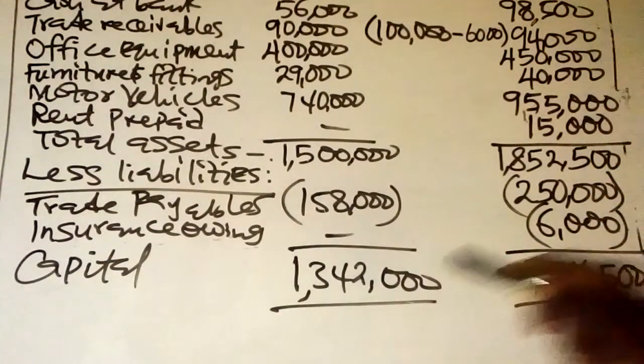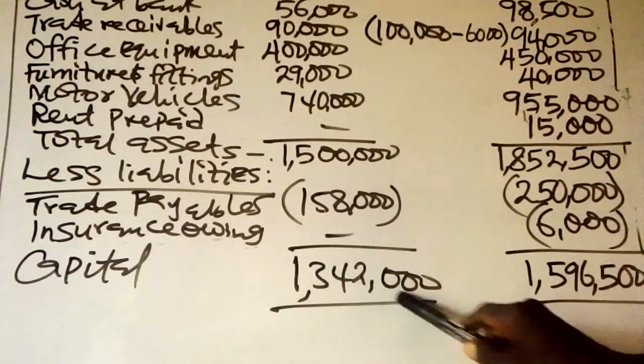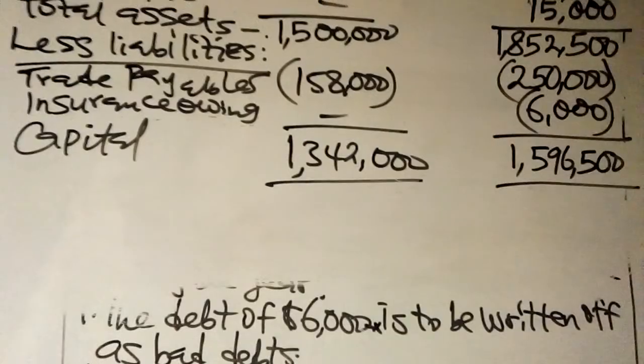This one is the closing capital, and the opening capital is 1,342,000. Then the next thing is the profit statement.